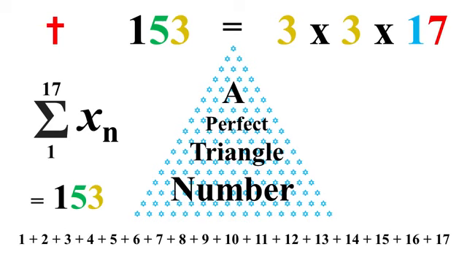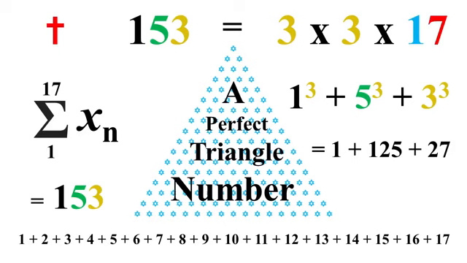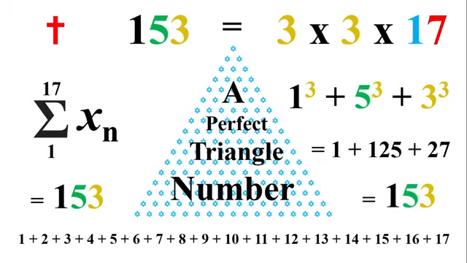Here's a very cool thing about the number 153, and not every number does this, very few do. If you cube each digit of 153, 1 cubed is 1, 5 cubed is 125, 3 cubed is 27. The cubes of each digit add up to the original number, 153. Very nice. Okay, so that's all mathematical cool stuff.